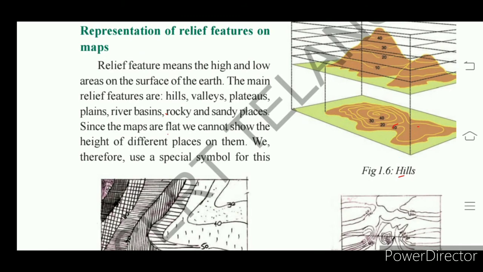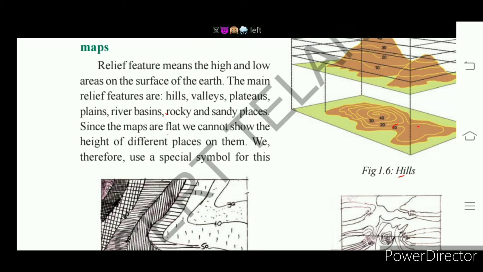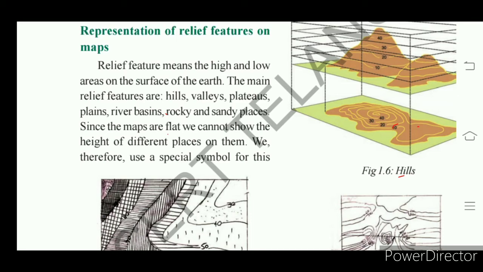Look here. Is the surface flat in all areas? No, right? Somewhere we see that the surface is higher or lower than the rest of the places. We find different land masses, that is relief features on the earth: mountains, hills, plateaus, plains, all these we find, with different heights.